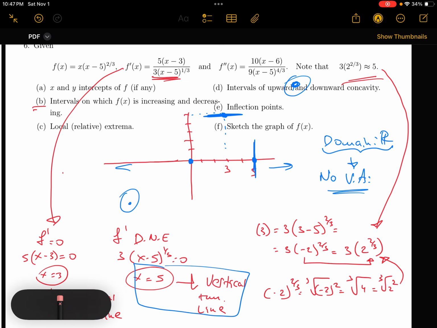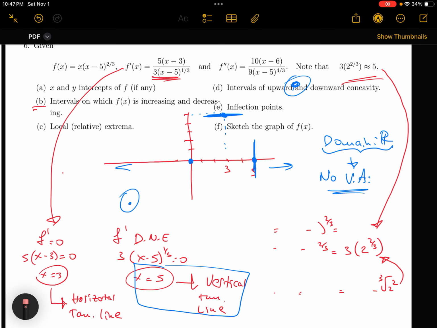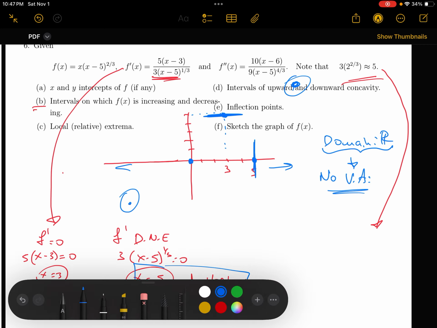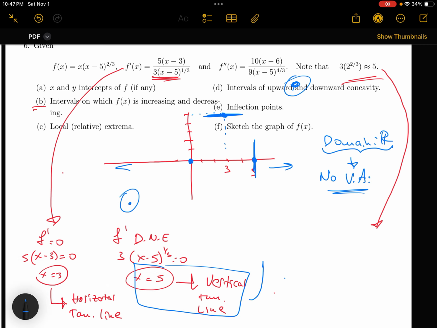So let's remind ourselves, what does it mean for a graph to have a vertical tangent line? The graph can be like this, or like this, or like this, or like this.